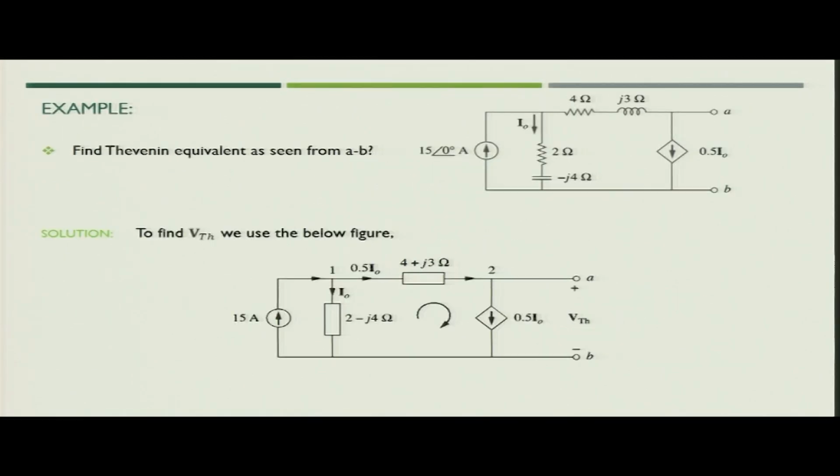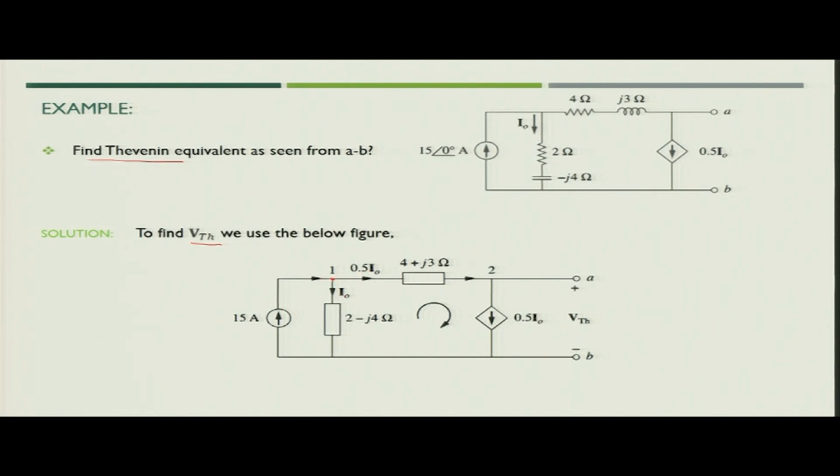Now, let us see another example where we need to find again the Thevenin equivalent for the circuit where you see the dependent current source. To find the VTH, we will find the value of voltage across terminal A B. If you see this particular figure, the value of current flowing through the current source is equal to I naught plus 0.5 I naught.